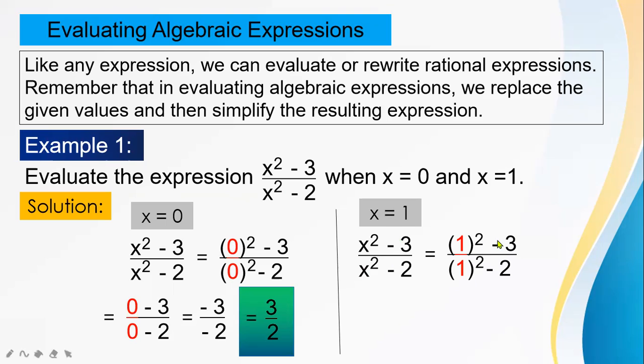Then 1 raised to the second power means 1, minus 3. Then 1 squared means 1, minus 2. And then 1 minus 3, the answer is negative 2. Then over 1 minus 2 is negative 1.